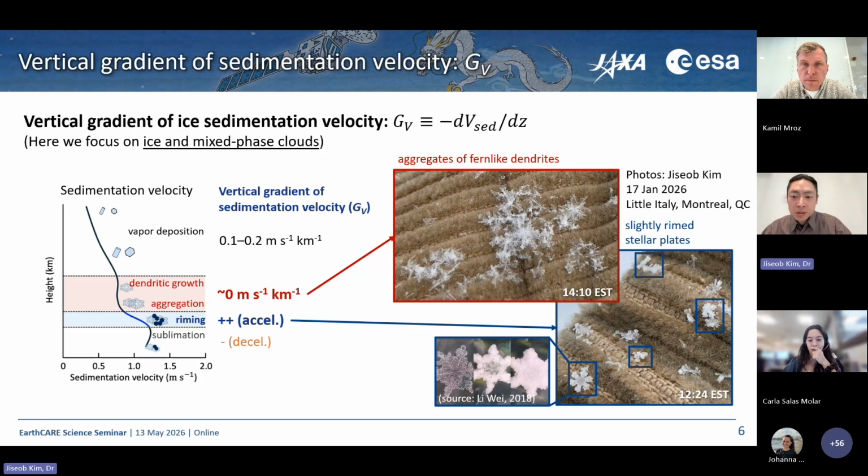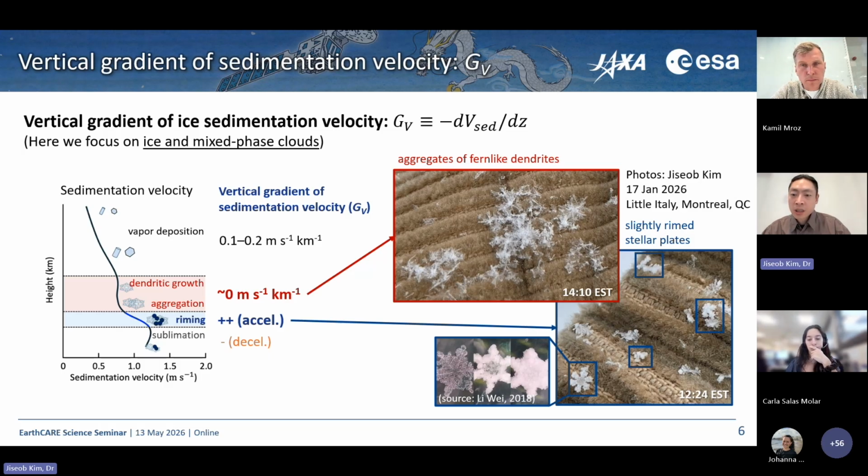But when particles grow in a more fluffy way, like dendritic growth or aggregation, the velocity increase becomes very small. Sometimes the particle can even slow down. Riming is very different. When supercooled liquid water rapidly sticks to the ice particle surface, the particle mass increases very efficiently. So riming is expected to have the strongest accelerations.